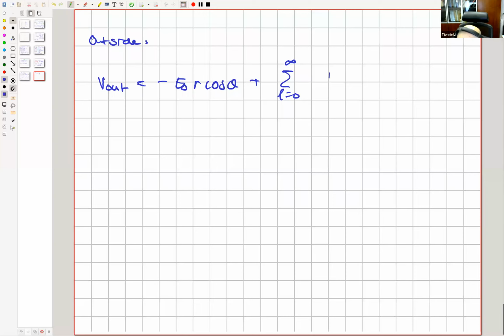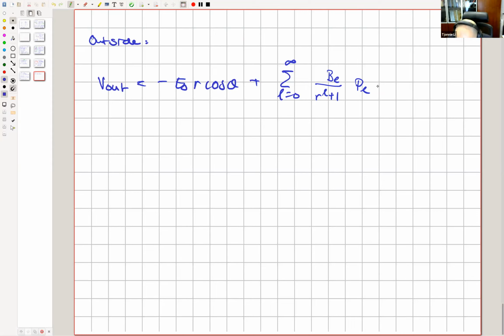I have all the other terms here, B_L over r^(L+1) P_L, like this. And of course, when I take r going to infinity, all these terms can still exist because the thing that it must lead towards is already here in the left-hand term.